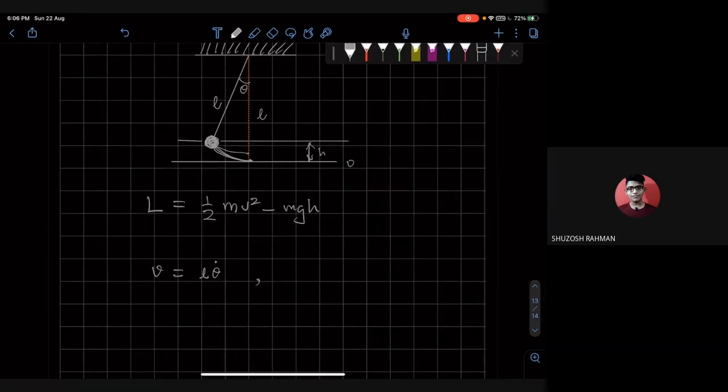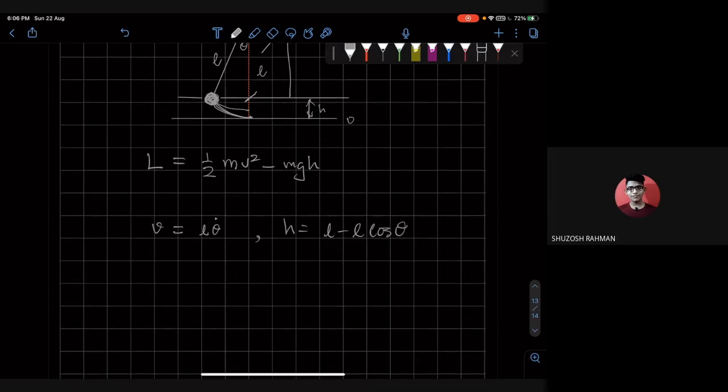And h, on the other hand, is this length minus this length, which is L minus L cosine of theta. We're going to take the small theta limit, as is usual for the simple pendulum. Then we can factor out L here. We get 1 minus, and let's expand cosine of theta as a Taylor series up to the second order, 1 minus theta squared by 2, right?